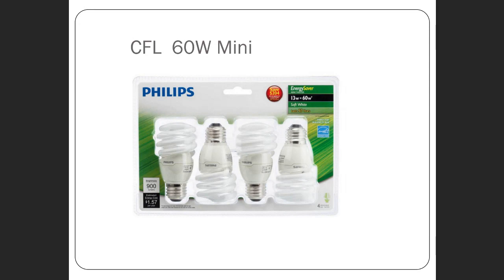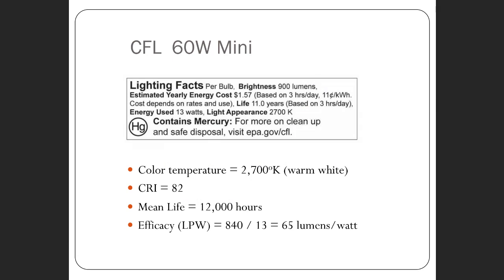These were pretty dreadful when they first came on the market, but they've gotten a lot better now. They've largely been supplanted by LEDs. But again, we see the same warm white color temperature, a fairly decent color rendering index, or CRI, long life, good efficacy.